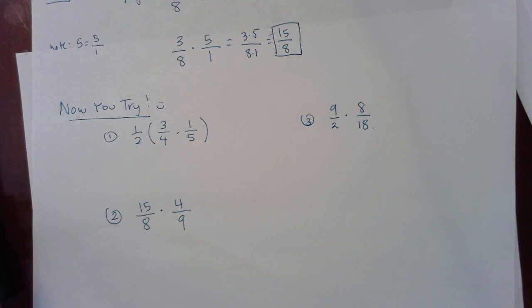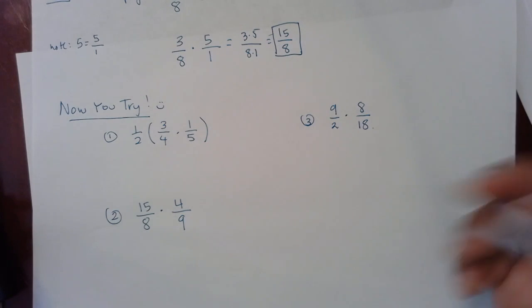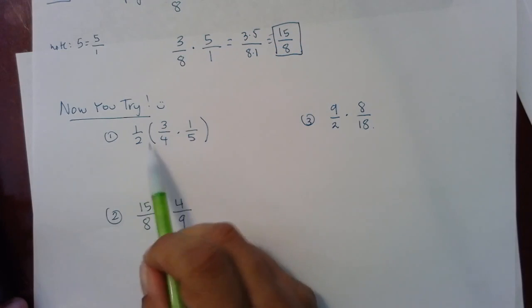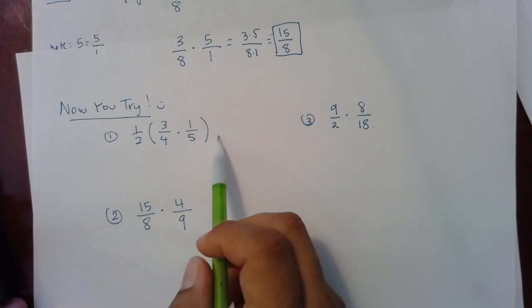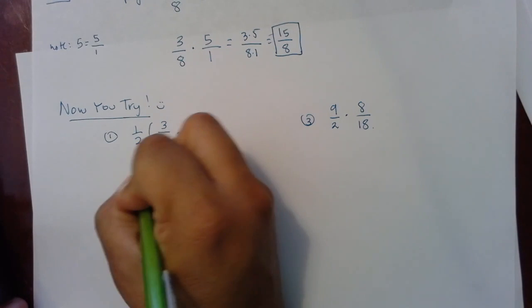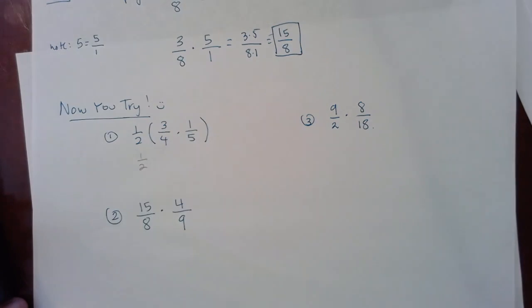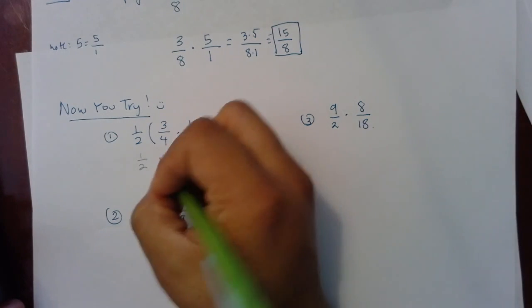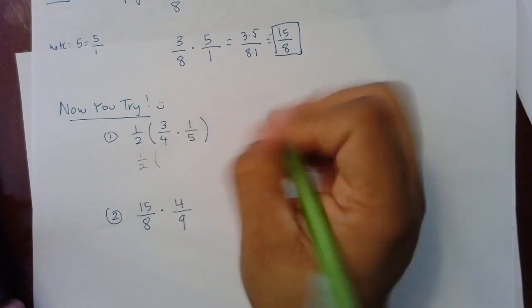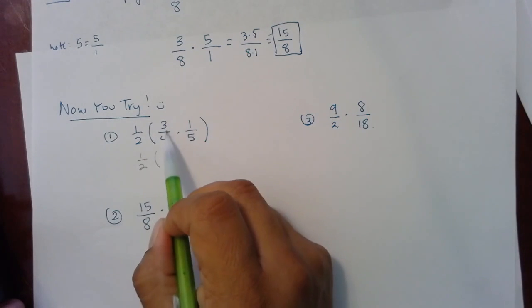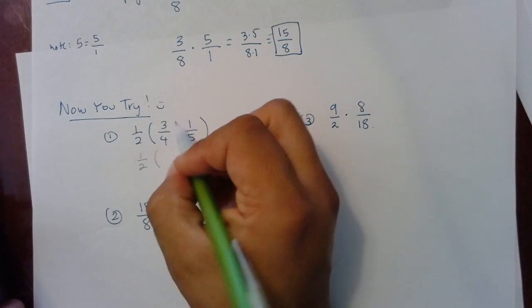Welcome back, because you've paused it, you've tried it, you've spent some time on it, and now we're going to go over the solutions. Remember, order of operations, parentheses first. Although we do know that multiplication is associative, so we could have done it another way as well. But we go ahead and use the rule here.